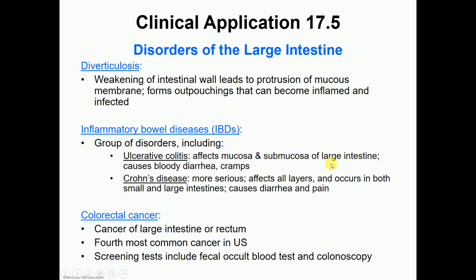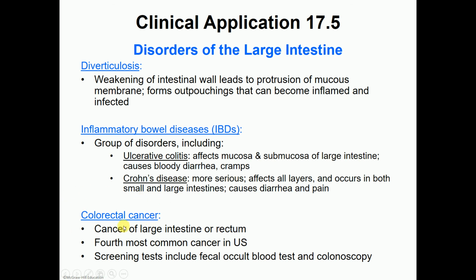Because of these layers being involved, it can lead to cramps and bloody diarrhea. Crohn's disease, which is a more serious IBD, affects all of the layers, and it can happen in both the large and small intestine, and it involves diarrhea and pain as well.